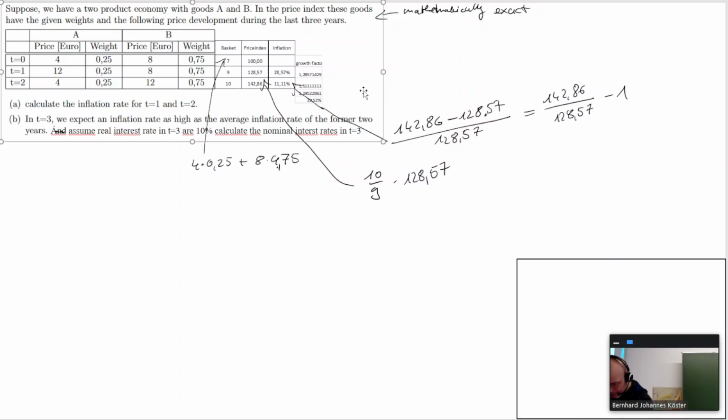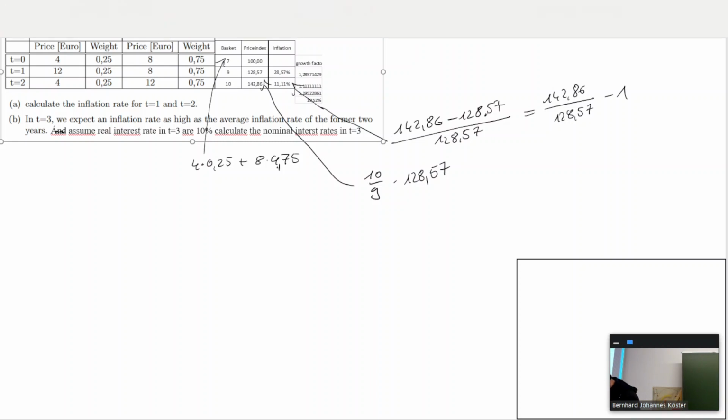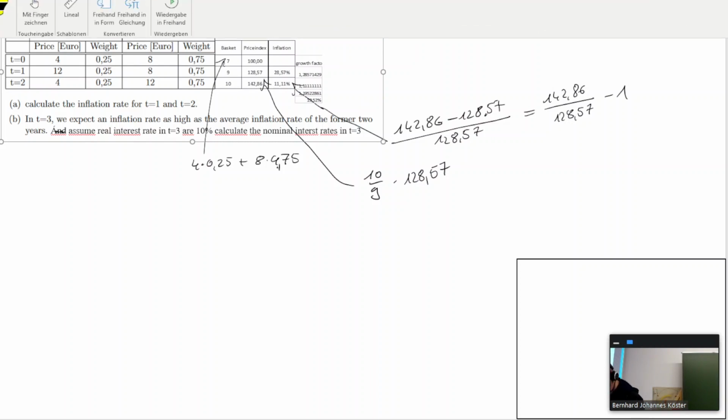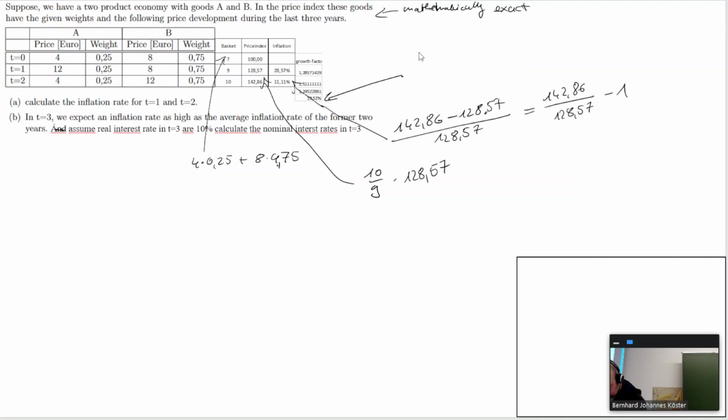So these are the growth factors, and where we are, this is then the average inflation rate. So this is 1 plus 28.57%.